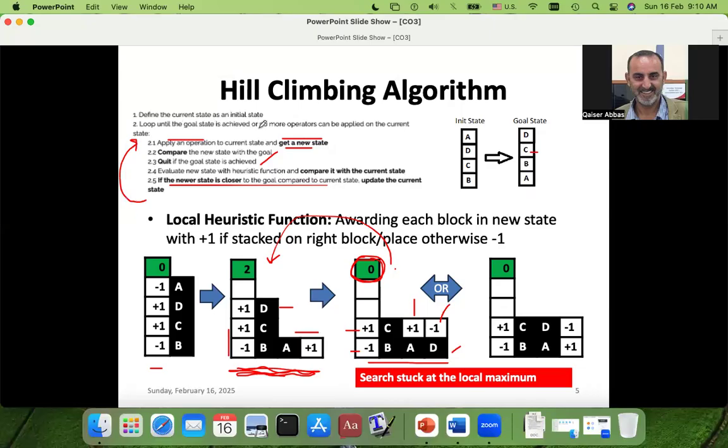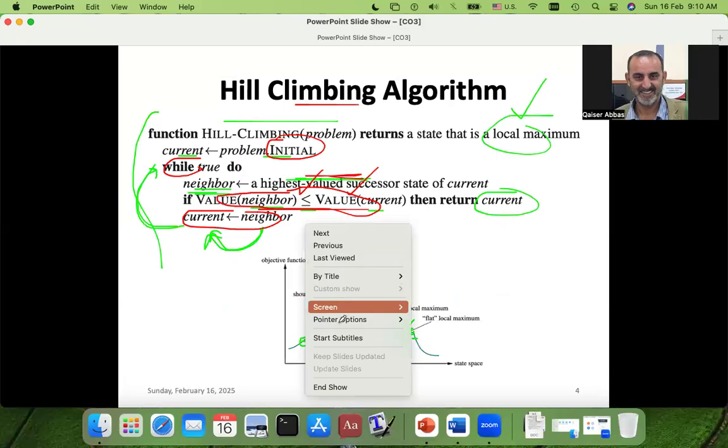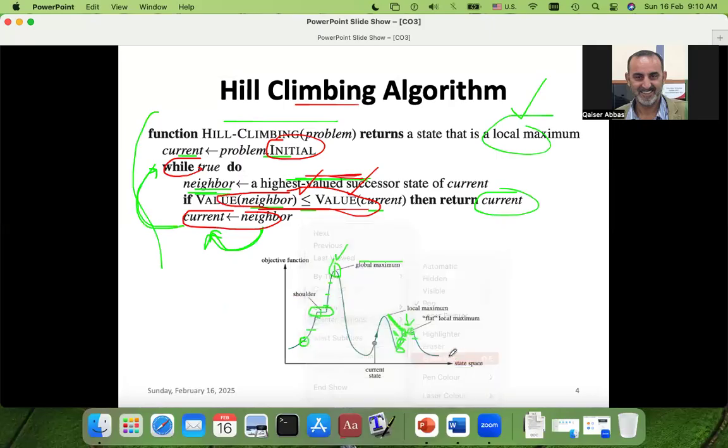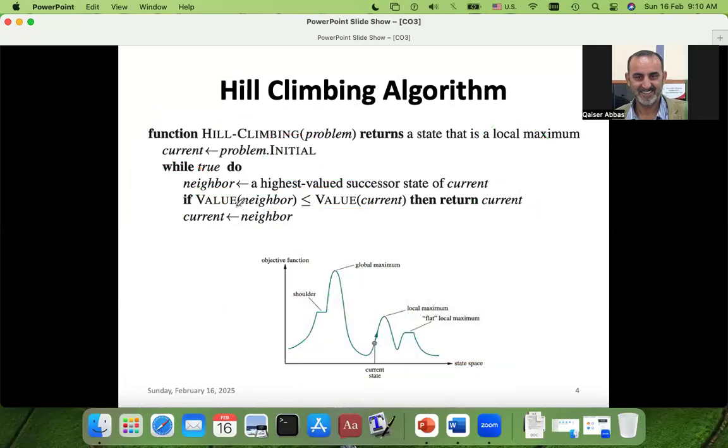Loop until the goal state is achieved or no more operators can be applied on the current state. So on this operation, okay, I can apply a new operation, but according to the hill climbing algorithm, when the new state is less than or equal to current, and yes, it is less actually.